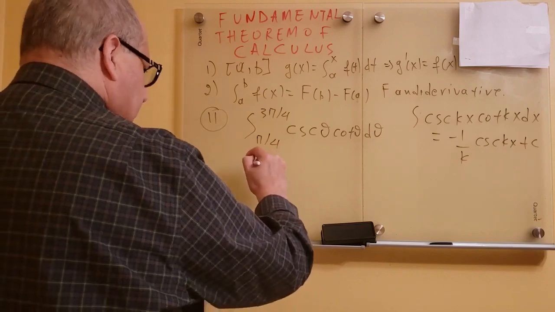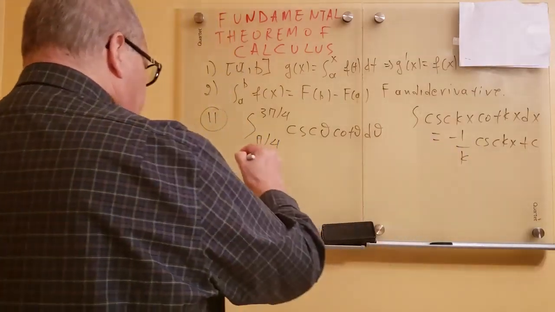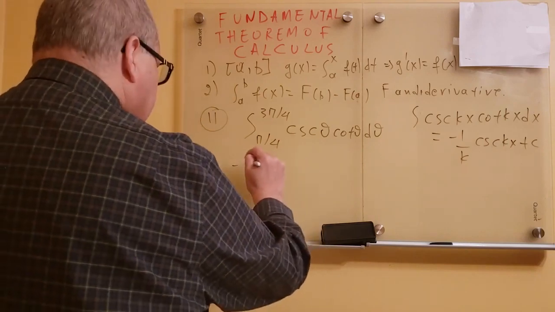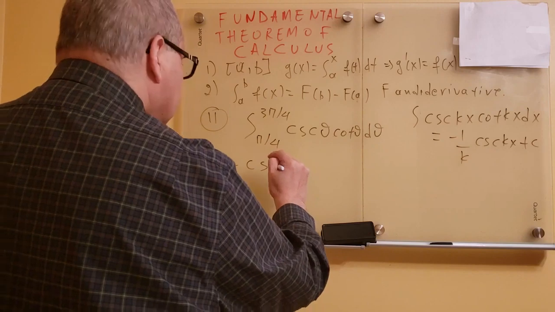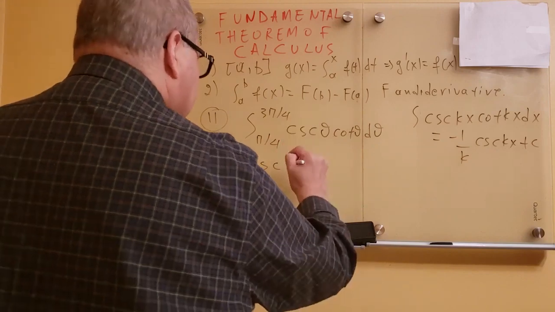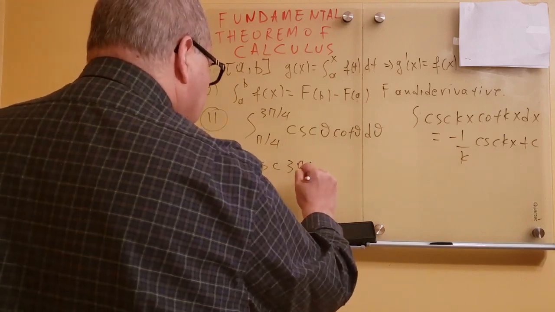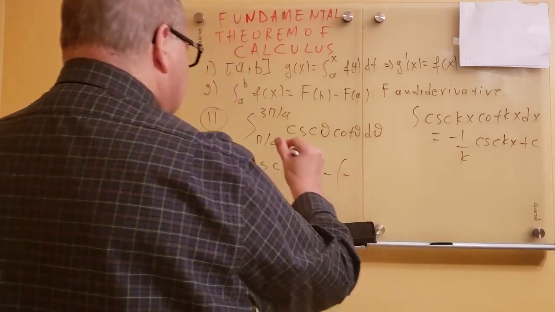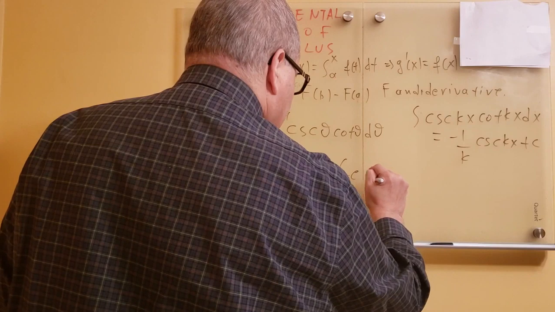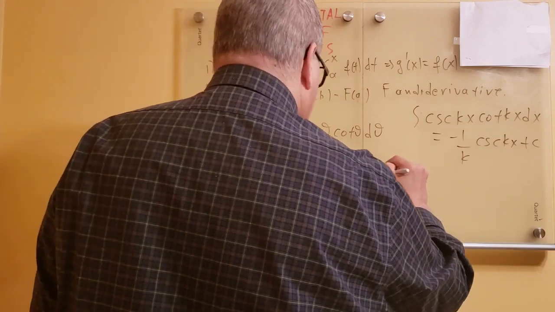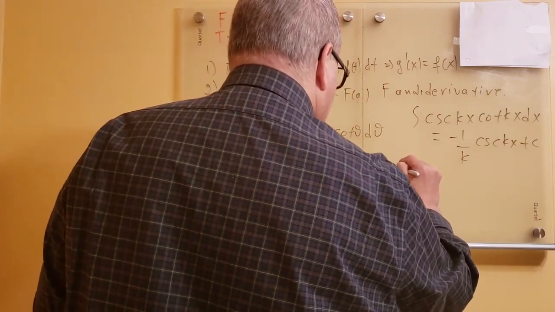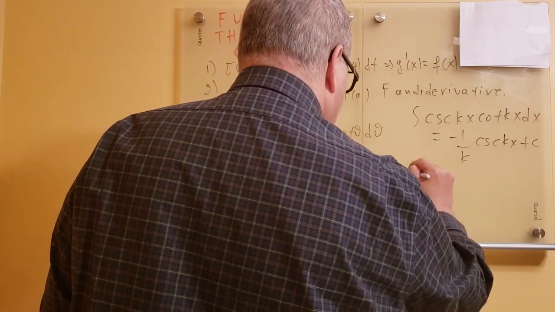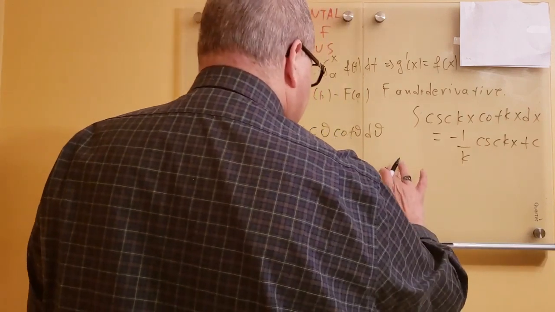So you take minus 1 over 1, which is minus 1, so minus the cosecant of 3 pi over 4, minus the minus cosecant of pi over 4, excuse me, pi over 4, sorry.